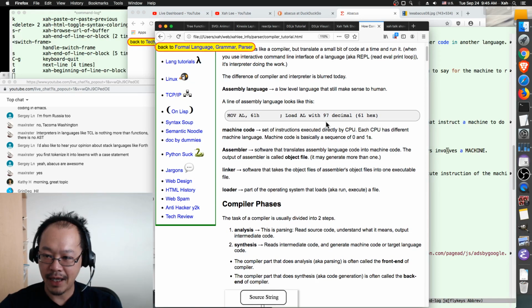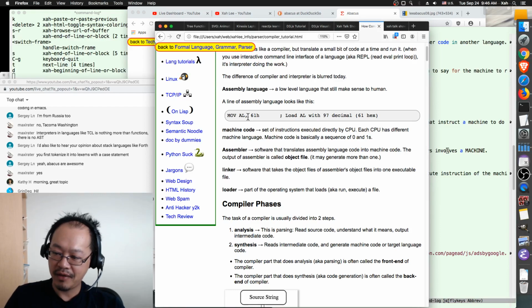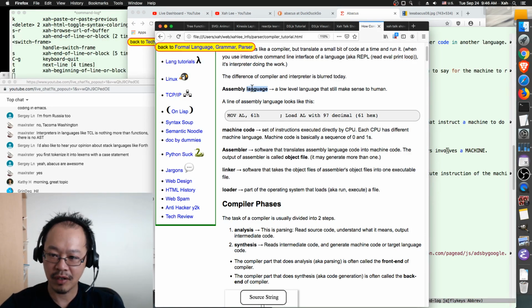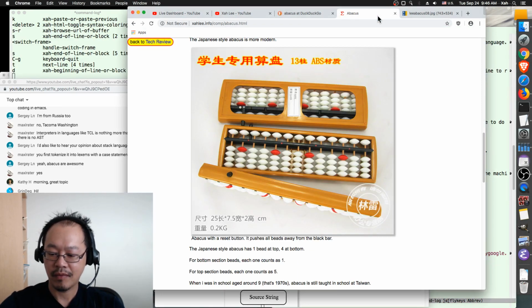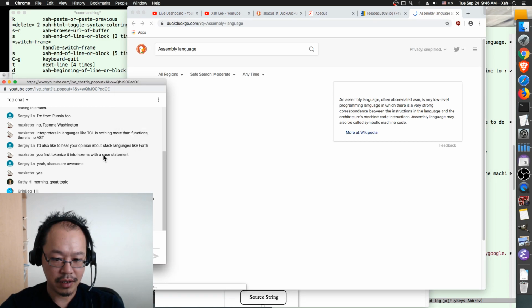And we have shown an example of assembly. It's just things like, read this number from this register and read that number from that register and add them together. So that's assembly language. So you can see some examples of other assembly languages.